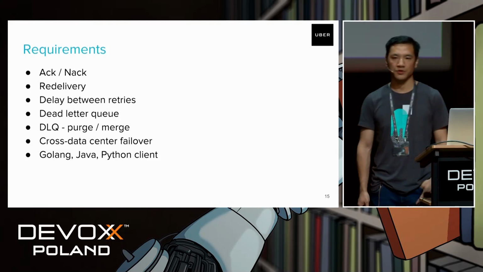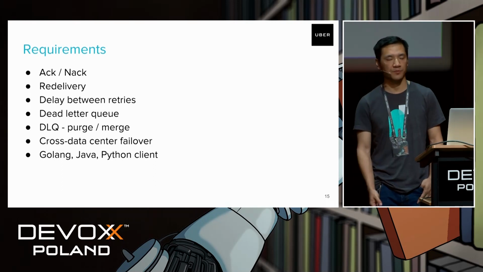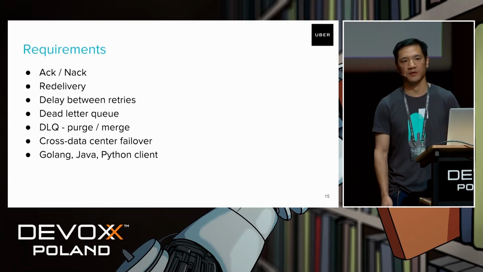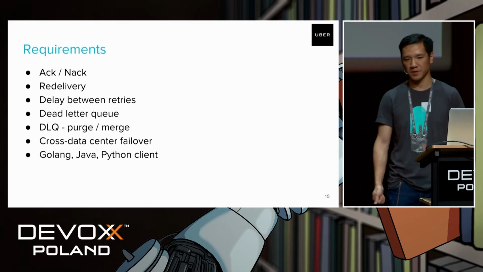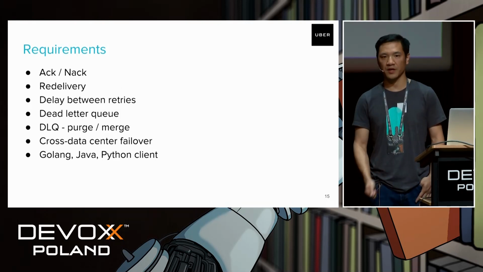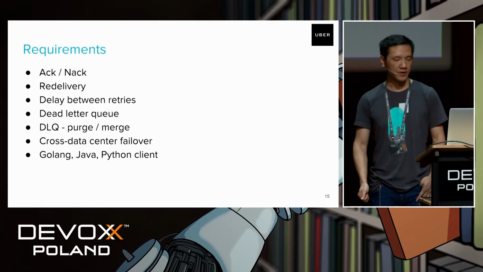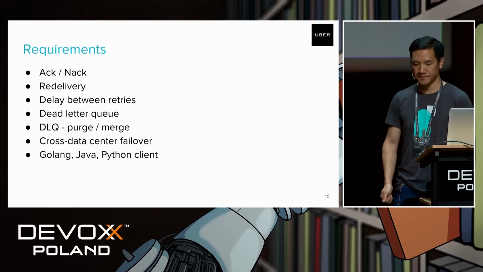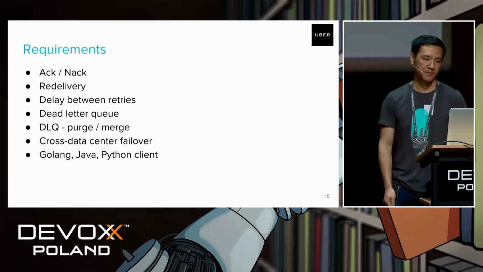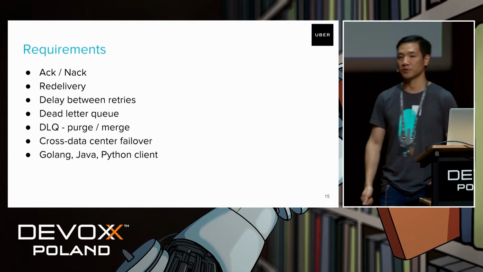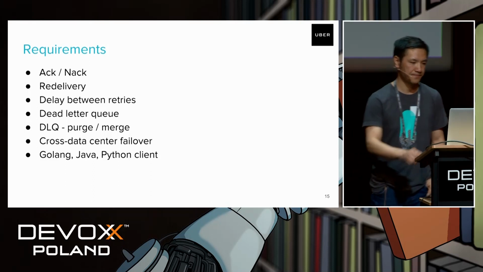I can do merge, meaning I can reconsume those messages from the dead letter queue. For example, if there's a downstream system issue and all the retries failed, then when the downstream recovers, we need to reprocess those messages. So in this case, we need to be able to merge those messages back.